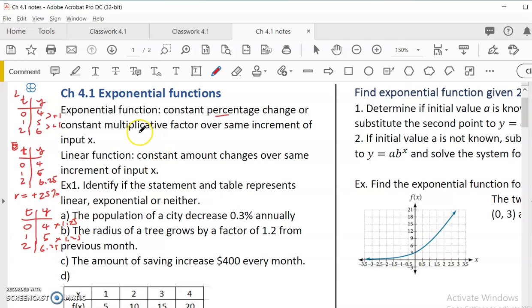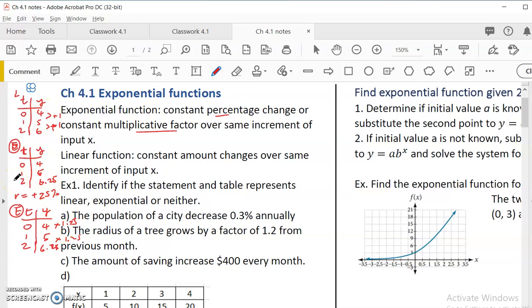So I have a constant multiplicative factor. I multiply the same number to get to the next one. That is exponential. And you can see these two are the same. A constant percentage of increase is the same as a constant multiplicative factor. Both of these are exponential, but if you constantly add a number, not multiplying, not percent, then it's linear.